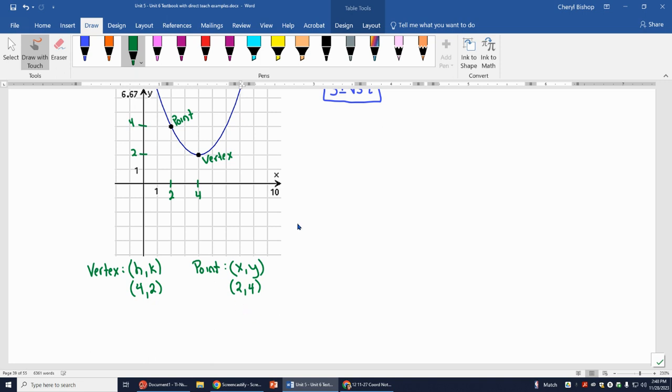Okay, so then since I have a vertex and I have a point, I'm going to use my vertex form of the quadratic equation. The vertex form is y equals a times (x minus h) squared plus k.